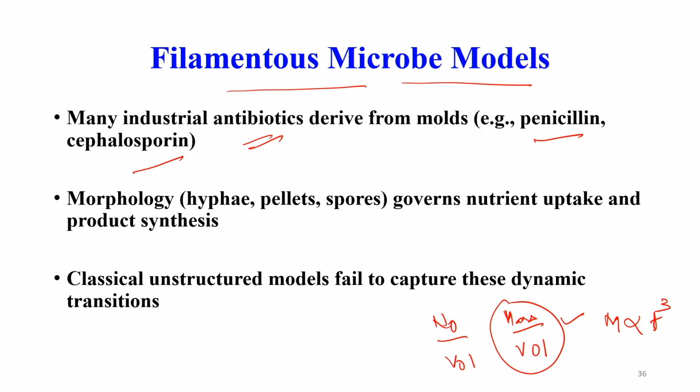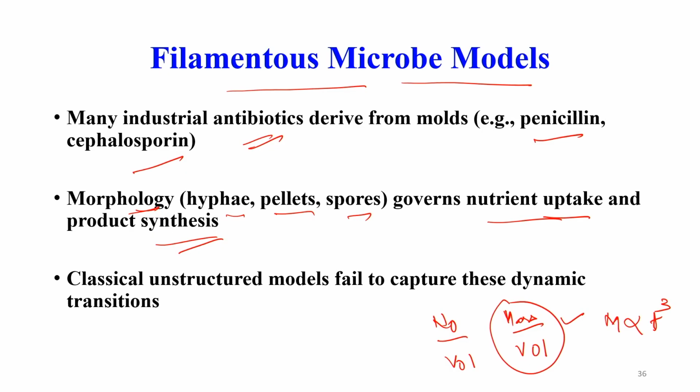Now they occupy different morphologies like hyphae, pellets and spores, and depending on the morphology, nutrient uptake and product synthesis both are affected. So, depending on the morphology, the kinetics of substrate utilization as well as product formation varies, and the classical unstructured model cannot predict these dynamic transitions.